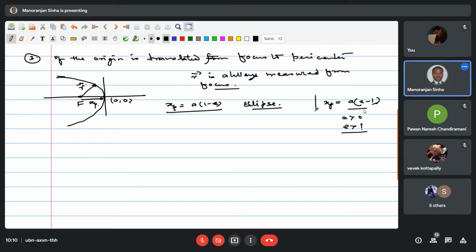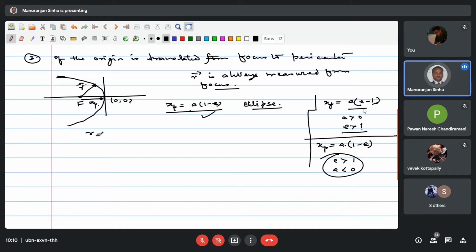If you do not want to use this notation, then you can stick to this notation, and x perigee will be written as a times 1 minus e, where e is greater than 1 and a is less than 0. So these two definitions you can use, but you have to take care of this.